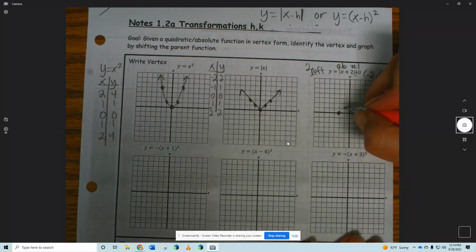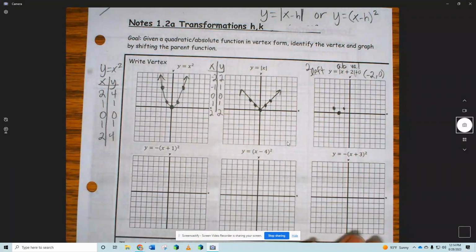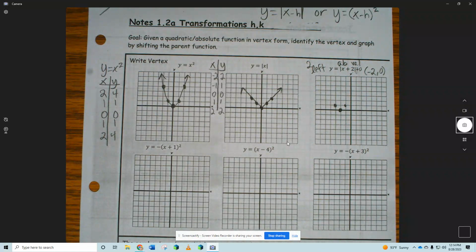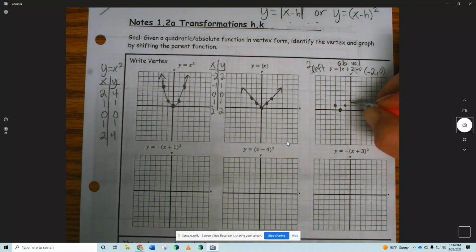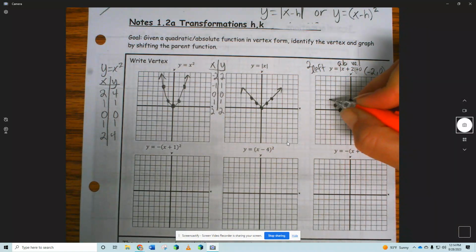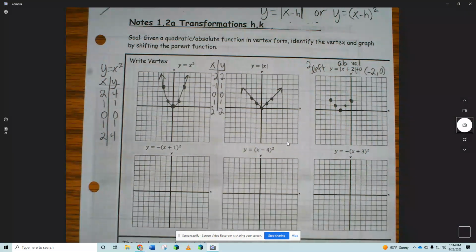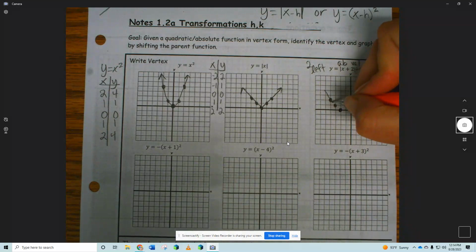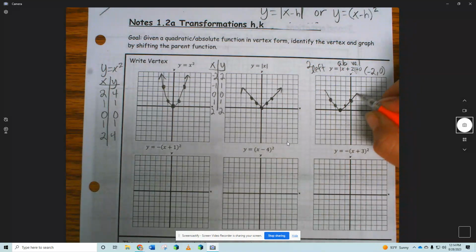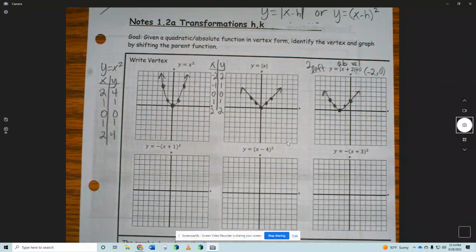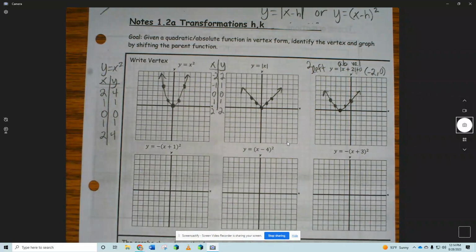Over 1, up 1, both directions. Write that, please. Over 2, up 2, both directions. Because it's a straight line, it's absolute value. Okay, good.